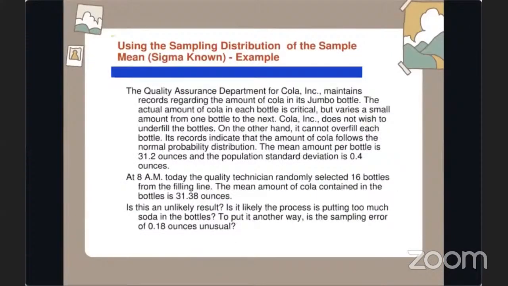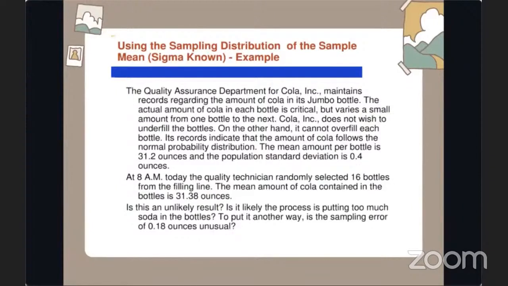Next, we're using the sampling distribution of the sample means with known sigma. The quality assurance department of a cola company aims to maintain records regarding the amount of cola in its jumbo bottle. The actual amount of cola in each bottle is critical, but varies a small amount from one bottle to the next.